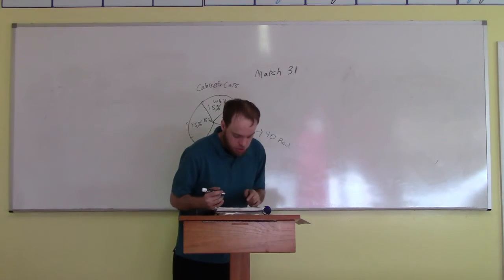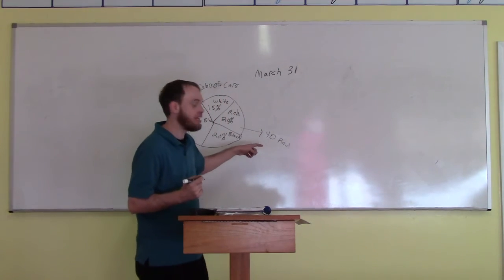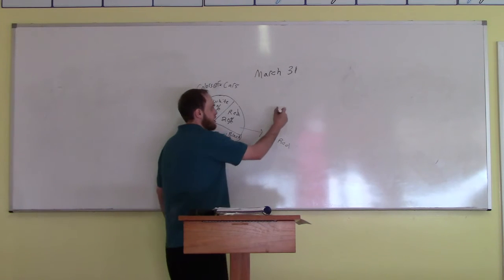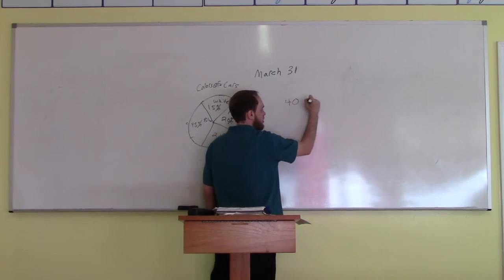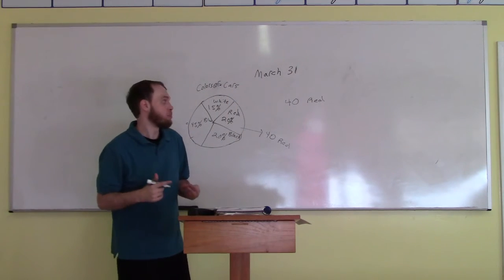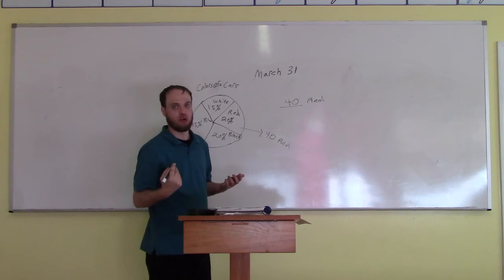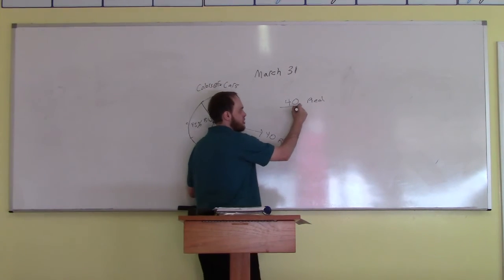So all you're going to do is you're going to take the 40, which is red, so 40 over red, and then you're going to put that over the total number of cars. So you're going to do 40 divided by what? We don't know the total, that's what we're trying to find. So it's 40 divided by what?